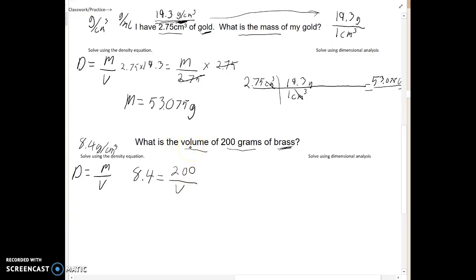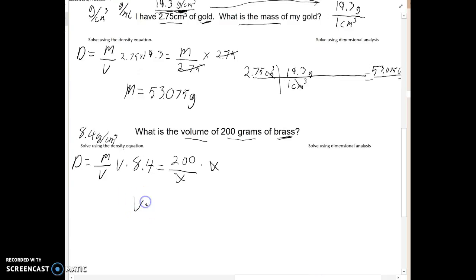So a lot of times in this situation, students want to just multiply both sides by 200, kind of like we did in this example problem up here when I multiplied both sides by 2.75. Well, if you do that, you're solving for volume, but volume is still in the denominator. We can't do that. The first thing we have to do is get volume, or V, out of the denominator. So I'm going to multiply both sides by V. Now V goes away on that side of the equation. So V times 8.4 is equal to 200.